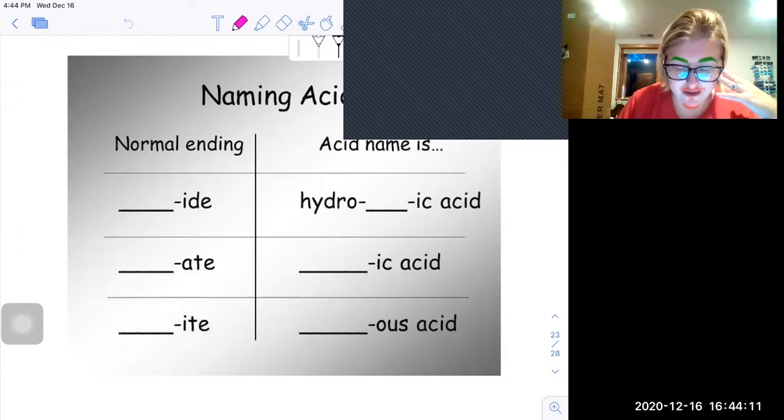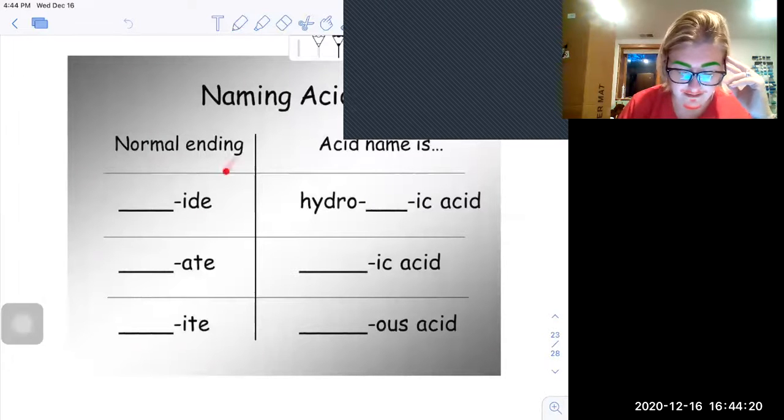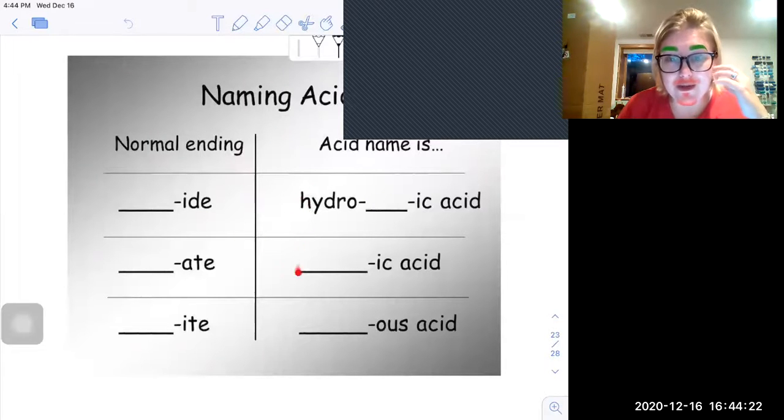One of the important things is this page right here where I have all this information about acid names. You are going to want to write that down on your periodic table somewhere to remember these, because they're really important.